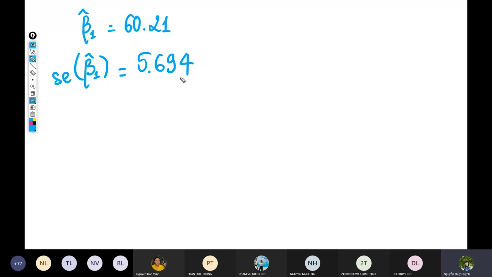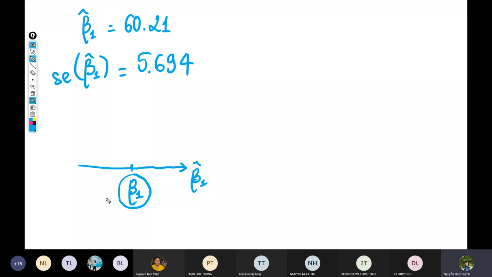You can see that beta 1 hat is a random variable, so it can take on various values. Beta 1 hat has the expected value of beta 1, and our purpose here is to find the value of beta 1.